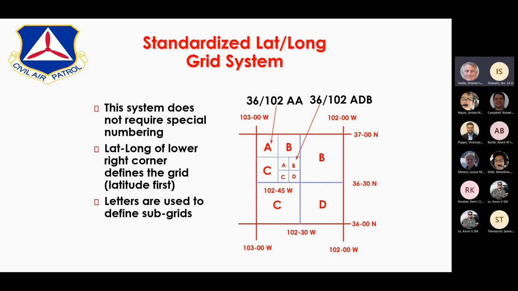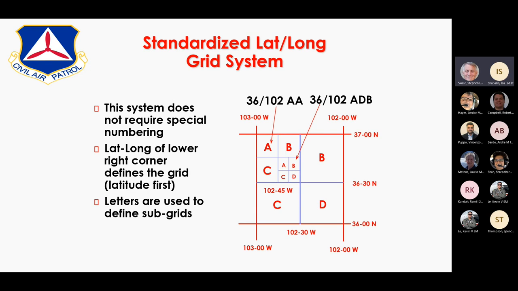In our latitude of around 37 degrees, the shape of that CAP grid is actually not a nice rectangle because the lines of longitude are converging as they go north towards the North Pole. Actually, the width of the CAP grid has shrunk, so it's more like 6.4 nautical miles wide, and then it's 7.5 nautical miles measured north to south.